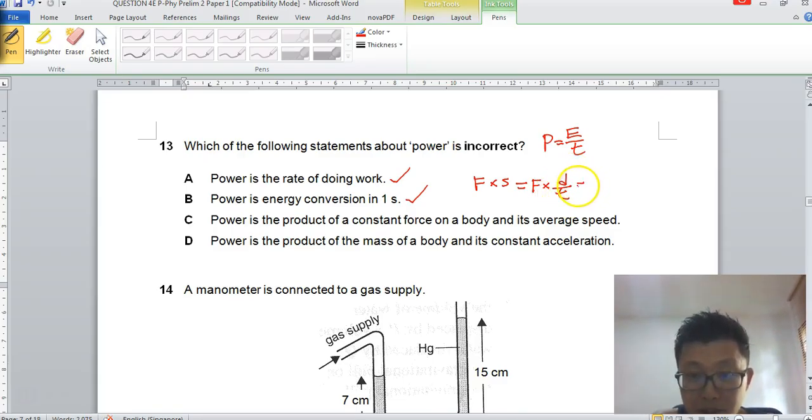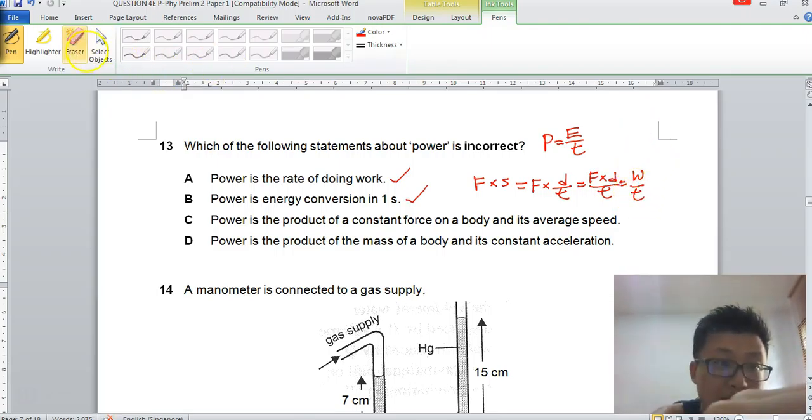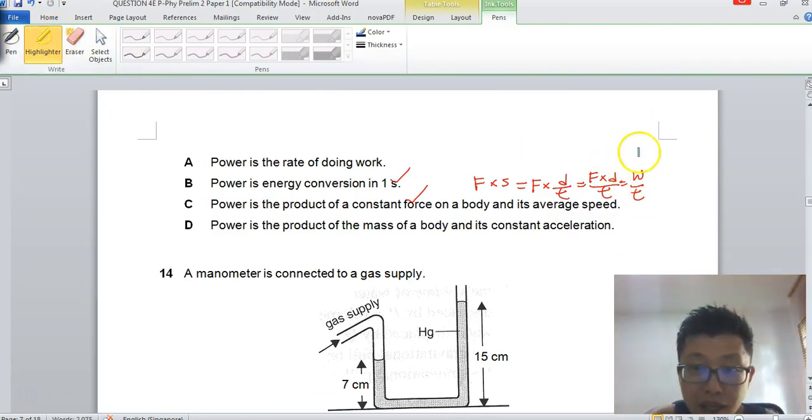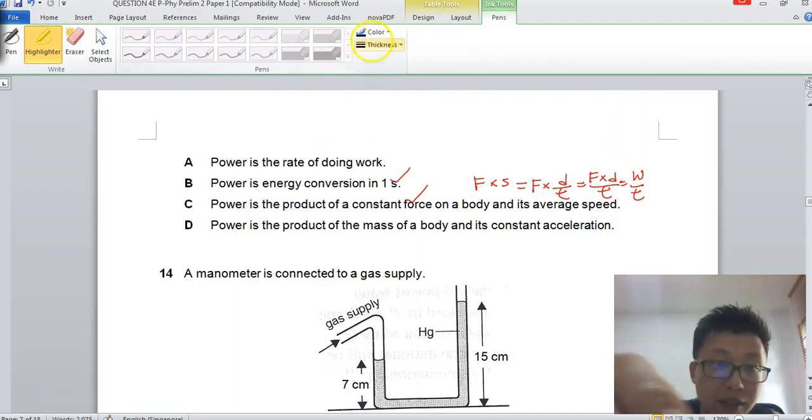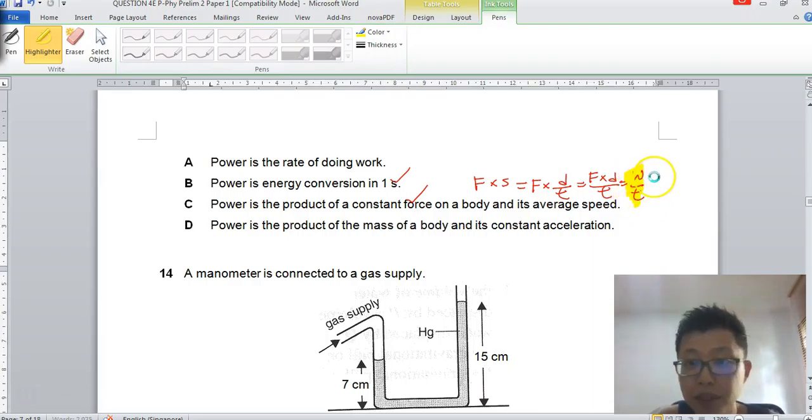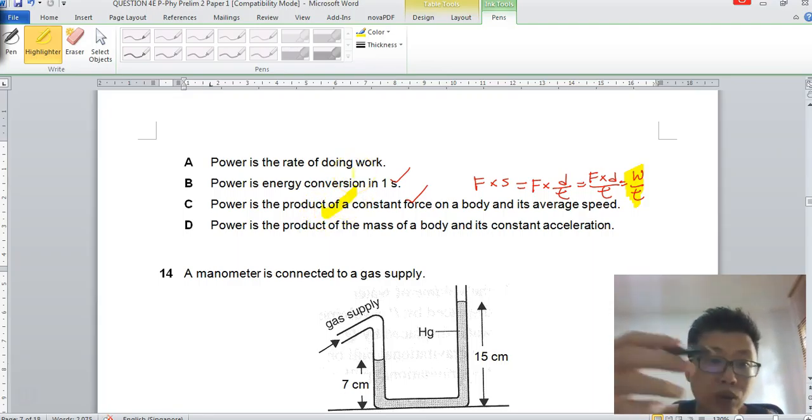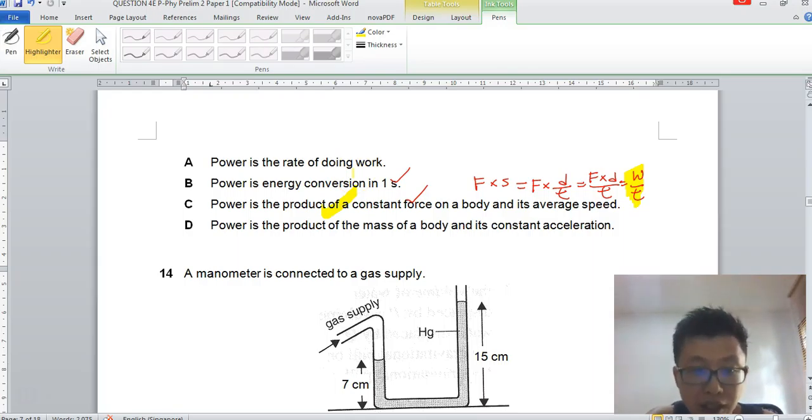It means that this expression can now be simplified to this. Now, what is force times distance? Force times distance is work done. And so you can see that my simplified expression, W over t, is the same as the power formula. And so your part C is correct. So with all this, A, B, and C are actually all correct.